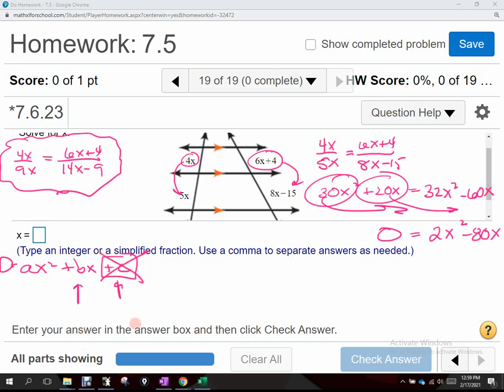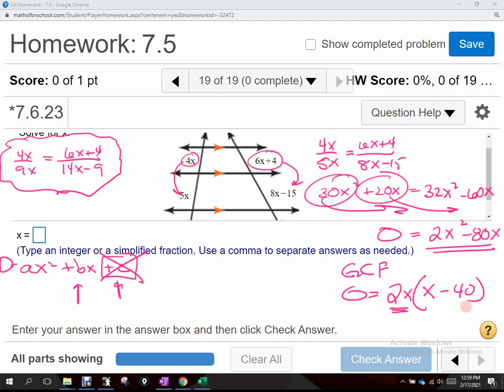But because that c term is gone, we're going to use the technique of looking for a GCF, a greatest common factor. What will divide both of these? 2x. 2x is in both those terms. When I factor out a 2x out of this first term, what am I left with? x. And what are you left with here? Minus 40. So this is all equal to 0, right?